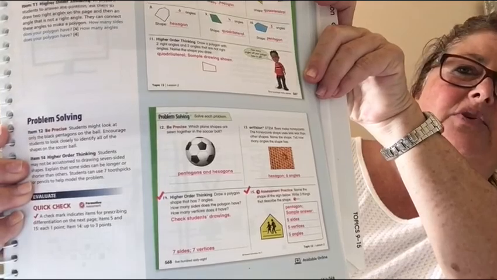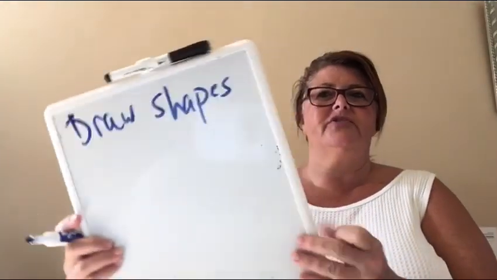Actually, you know what? You guys finish this. This is going to be your homework. Finish this and do the additional practice and then send it to me. So I want you to draw all the shapes and label them.